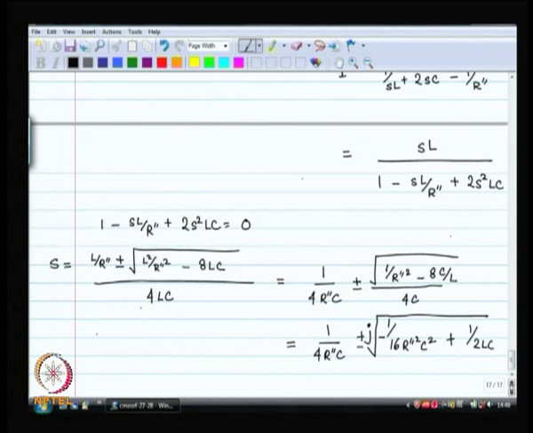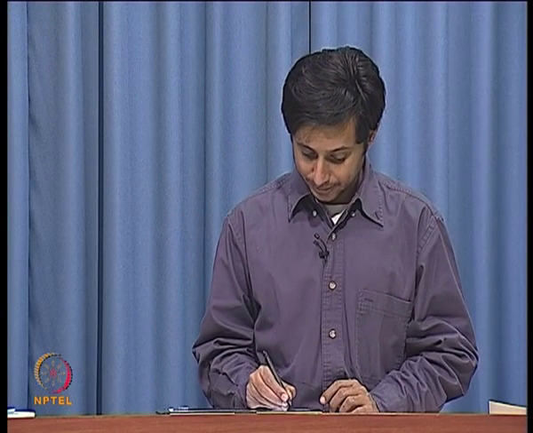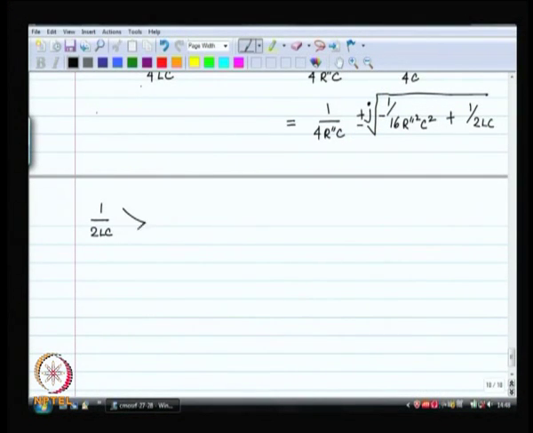So, as long as you make sure that 1 by 2 L C is greater than minus 1 by 16 R double prime squared C squared, if you can make sure of this, then that will mean that you will have two poles which are complex conjugate pair which are in the right half plane.